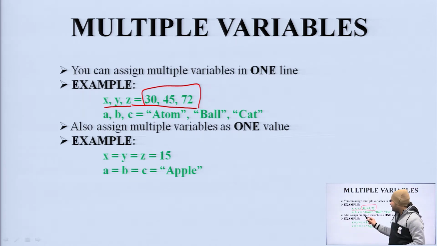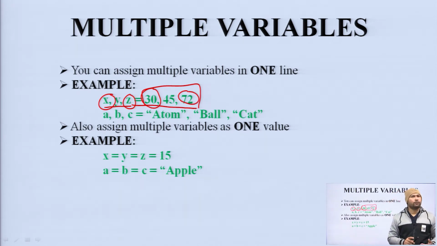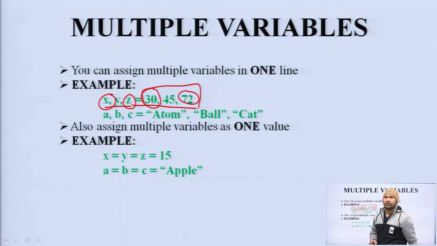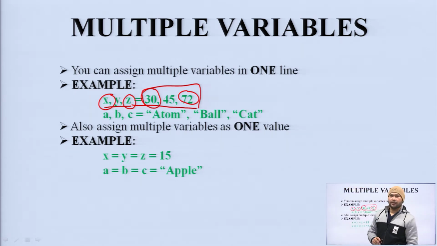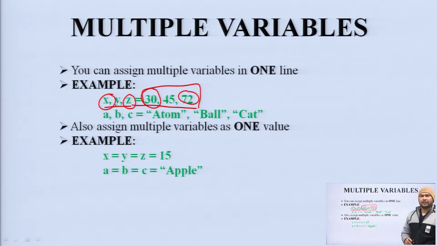So, x will receive the 30, similarly z will receive 72. That is how we define multiple variables in one line in Python. You just need to put the commas on both sides, separating the respective variable names with respective data.